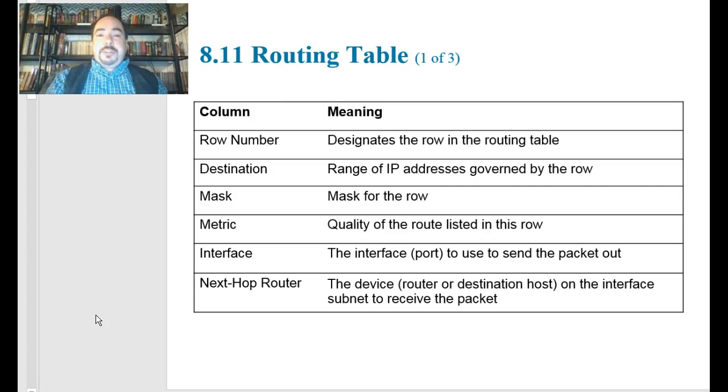A routing table typically, no matter what brand you use, is going to have the following elements in the table. A range of IP addresses for the destination, the subnet mask, the interface, or port, just the physical interface to send it out. We'll talk about what a metric does, but this idea of a next hop router is important.